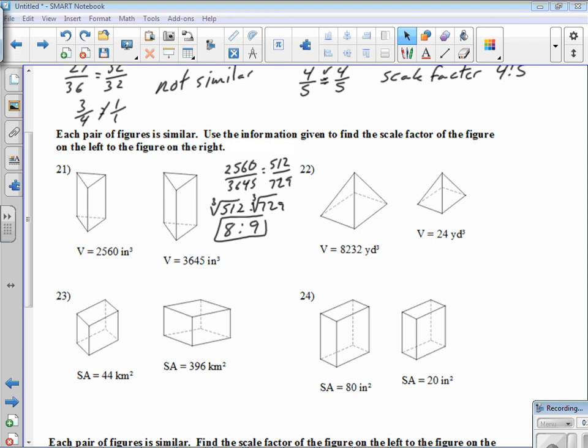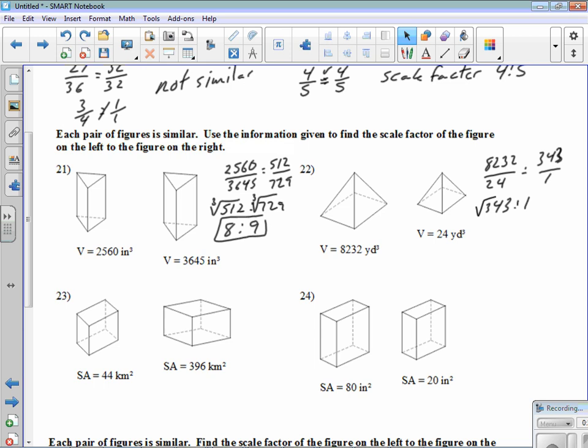All right, so the next one, we got 82, 32, 24. Which 82, 32 actually divides evenly by 24 to give us 343 over 1. And so that's a ratio of the volumes, 343 to 1.